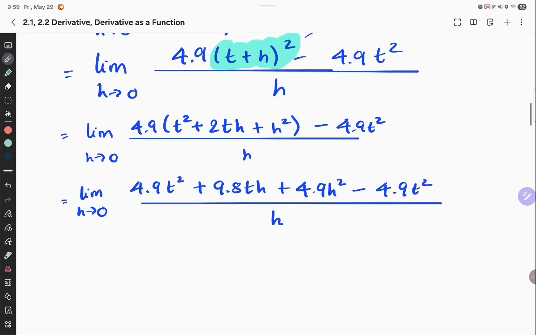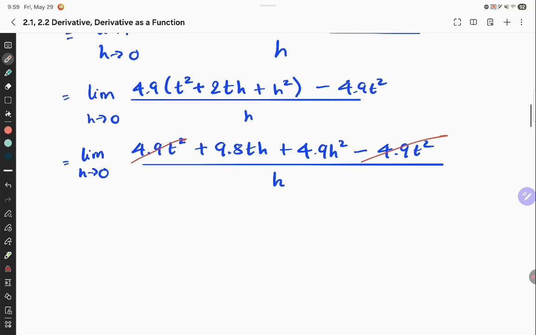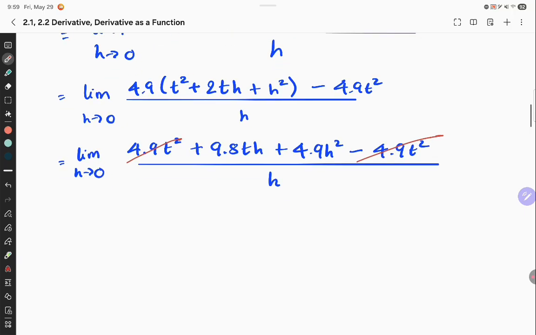Luckily, that is plus, that is minus. At the same time, you see that these two terms each have an h: one h here, two h right there, h squared technically. So you're able to cancel with this one. I cancel this, and that is the purpose of this problem: cancel the h in the denominator.